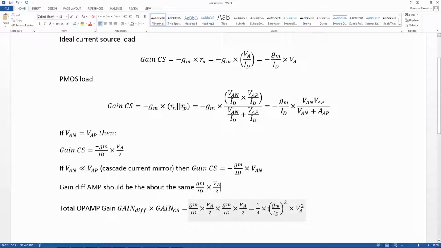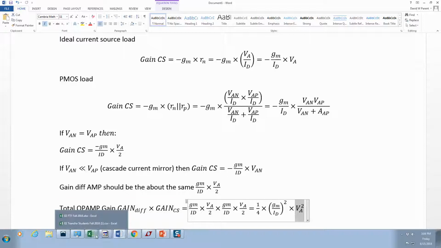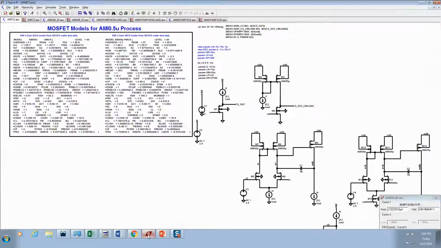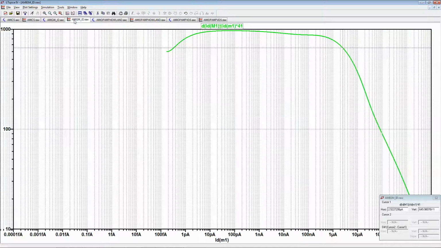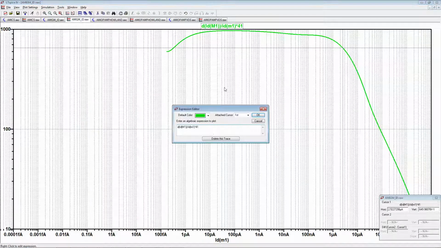I should have gm over ID squared times VA squared, so not sure if this will work.